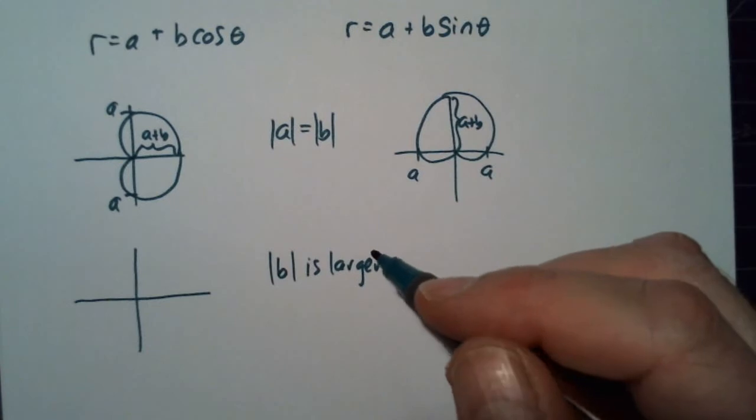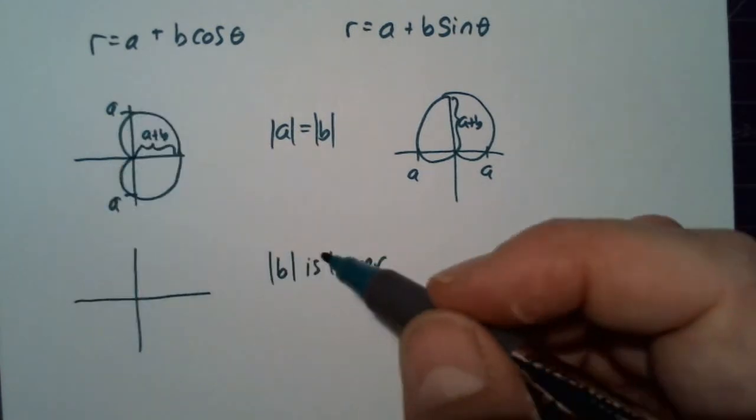The loop will be the size of the difference of A and B.